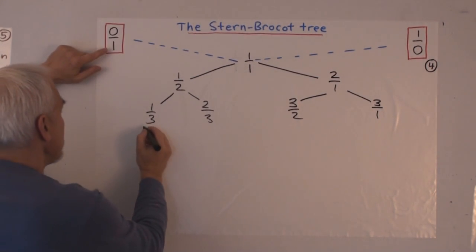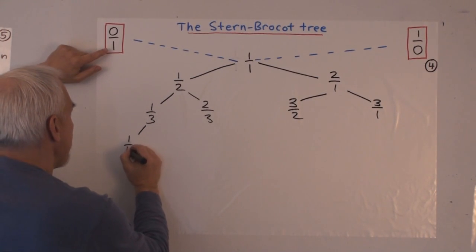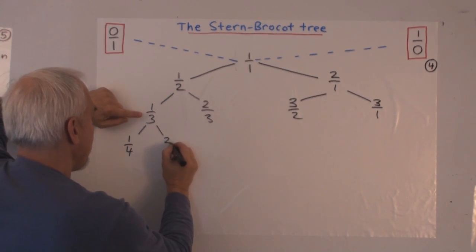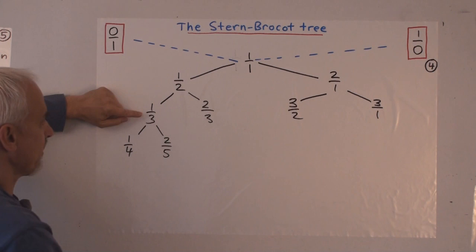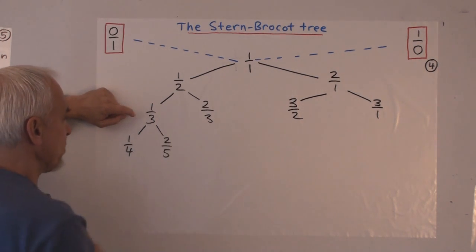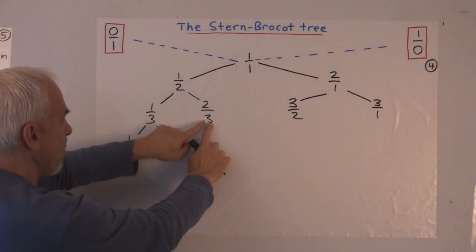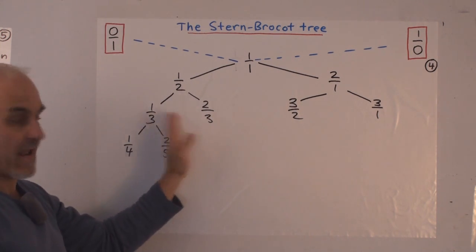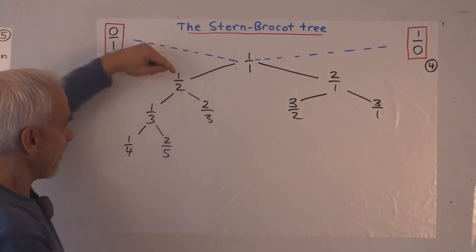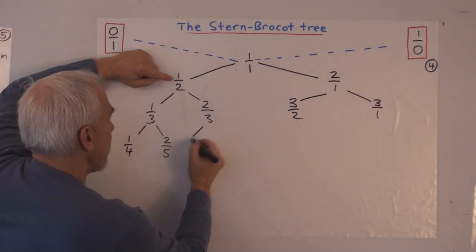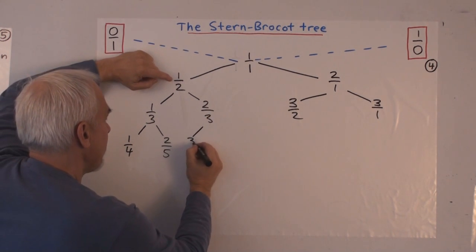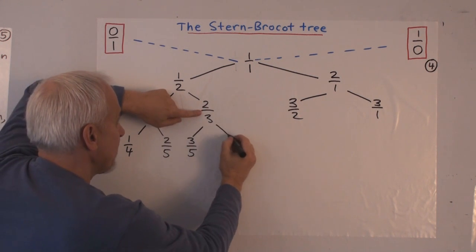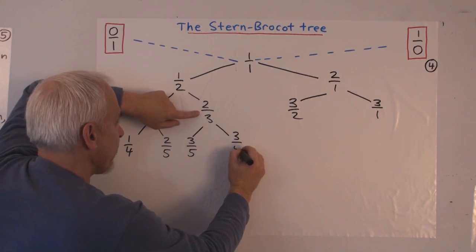So the mediant here is 1/4, and the mediant here is 2/5. How about this one's children? Well, with this one here, which is its leftmost neighbor in the sequence, we get a mediant of 3/5. And with this one and this one, the mediant is 3/4.